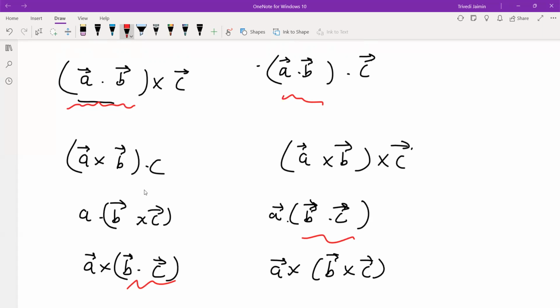So we are just considering those which have cross product. We cannot do any operation on these, so we will eliminate them and just use this part, 1, 2, 3.